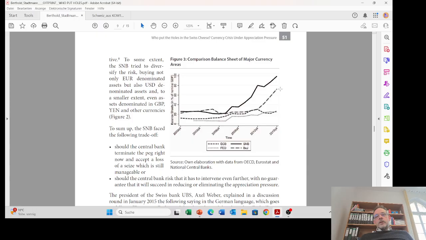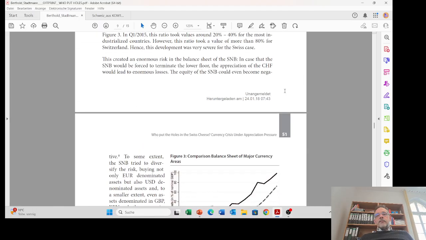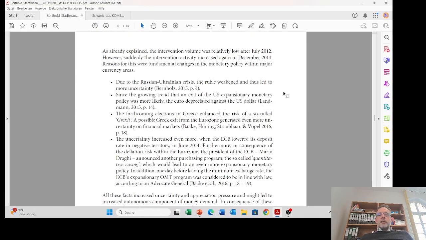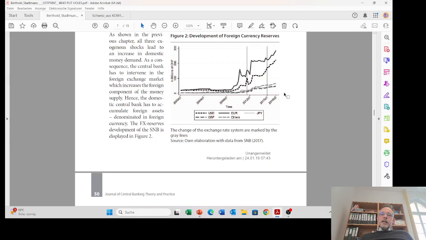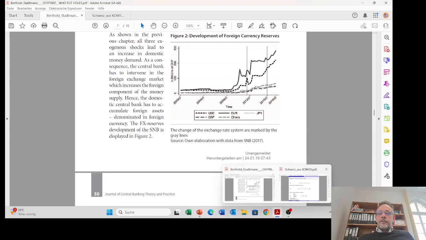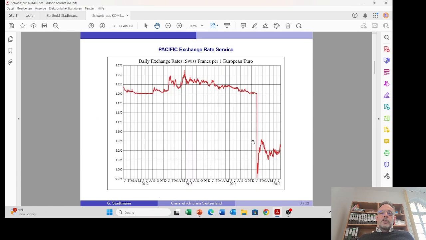So the Swiss central bank is still intervening in the foreign exchange market, which is like a dirty float. It's not a pure free float because these fears of appreciation are still there.